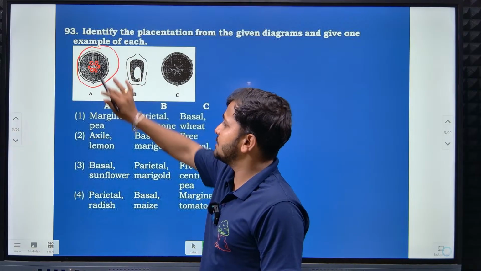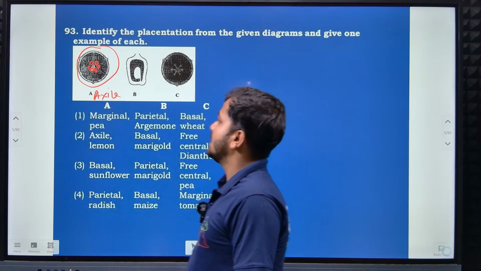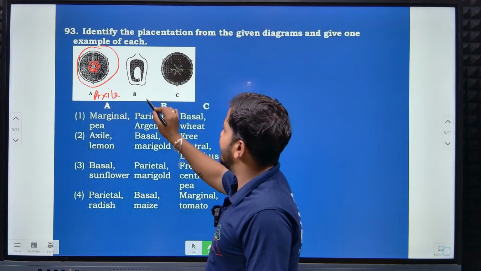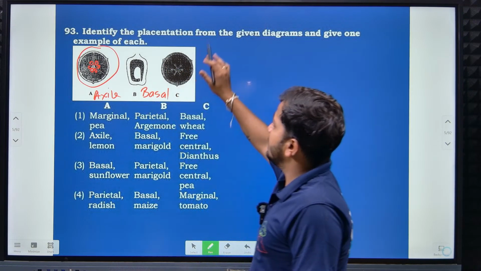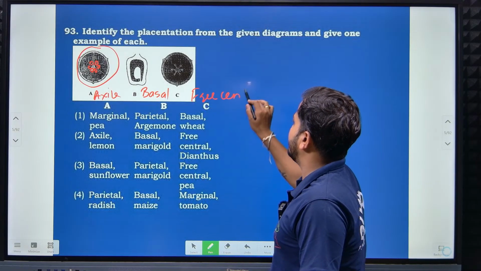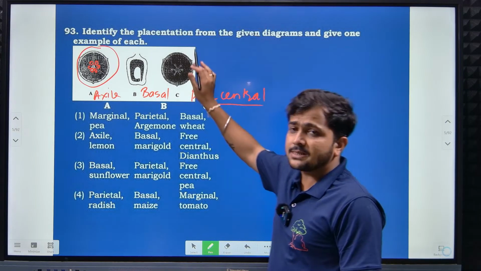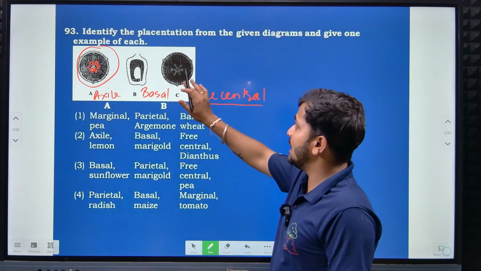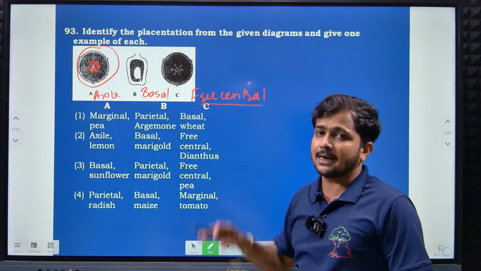So this is axile type of placentation. A is axile type of placentation, B is the basal type of placentation, and C is the free central type of placentation. Why am I calling it free central? Because there are no locules present within the ovary. So the ovules are arranged directly at the center itself.